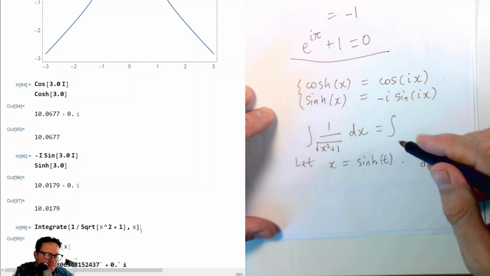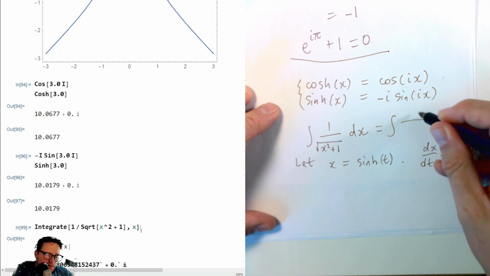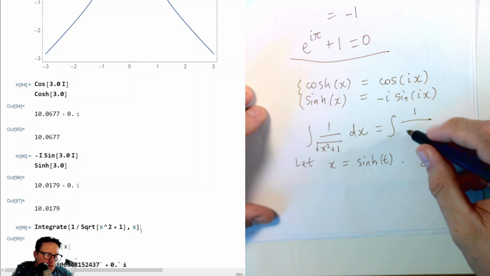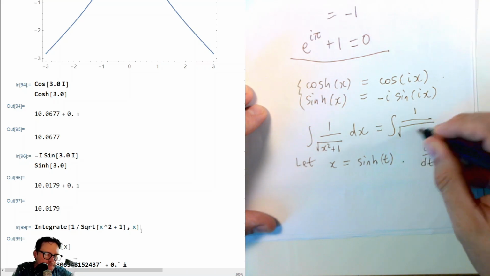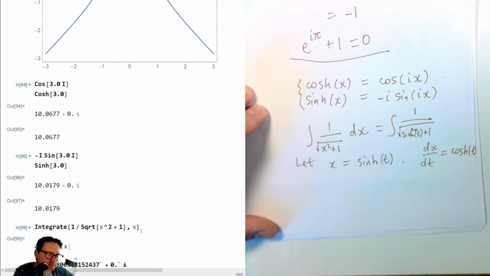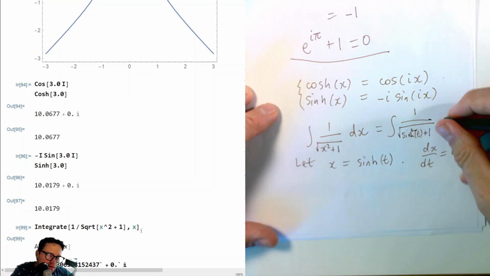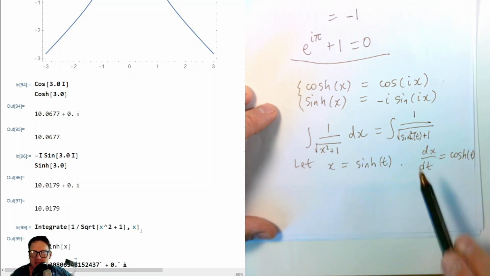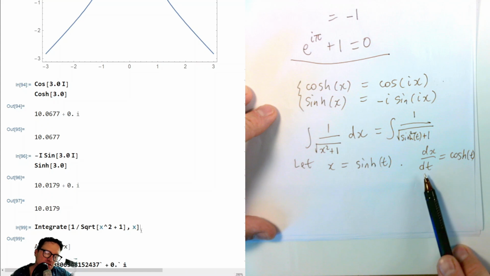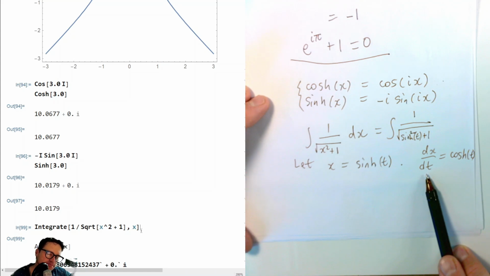So far we have the integral of 1 over the square root of sinh squared t plus 1 dx. But here I'll think of this temporarily as if this were a fraction, so that I can algebraically solve for dx, so that I then know how to replace dx.